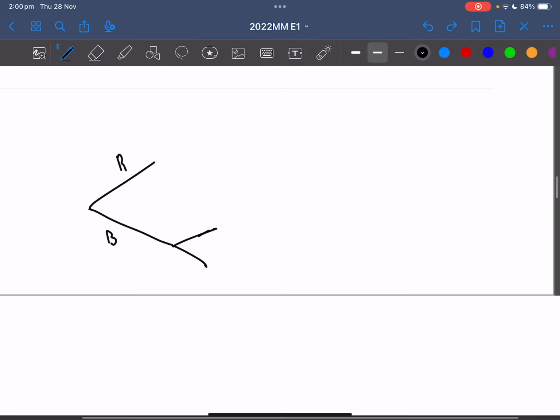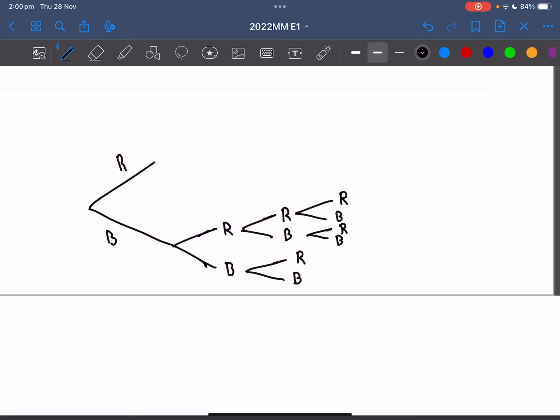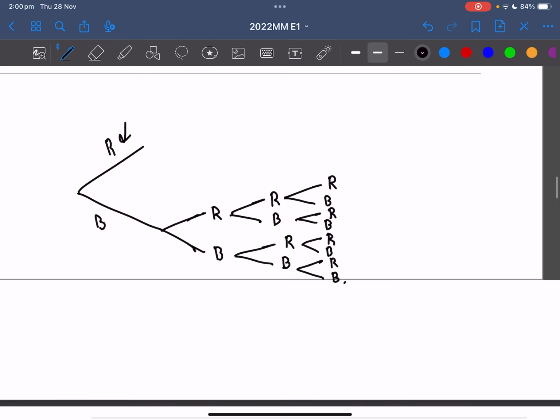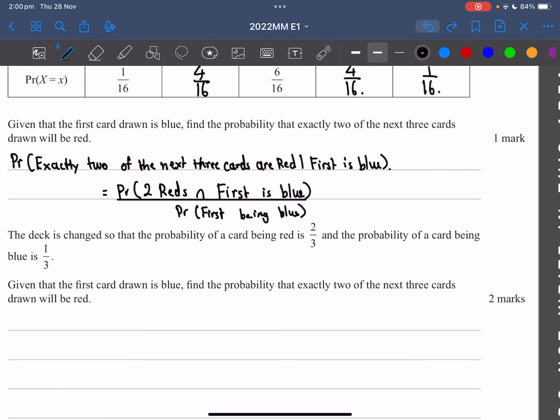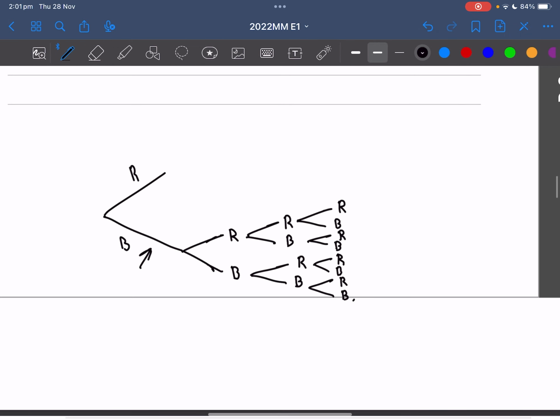First is blue, so this is my second trial, red and blue, my third trial, red and blue, and this is my fourth trial, red and blue. We're only looking at this branch and onwards.